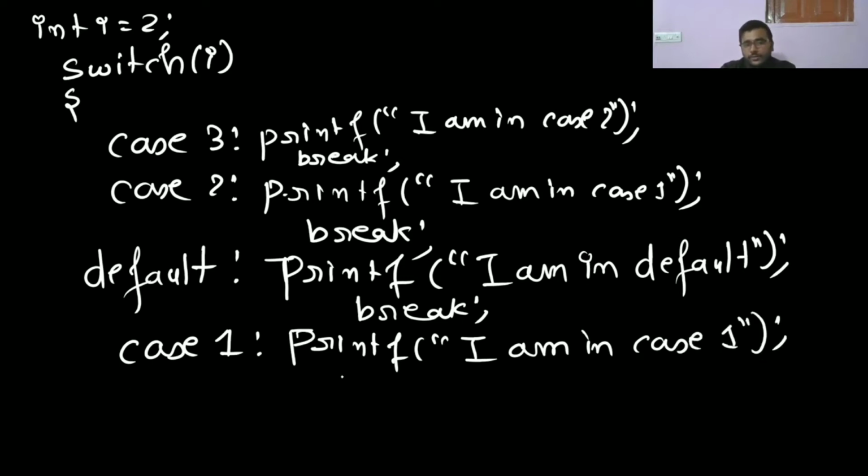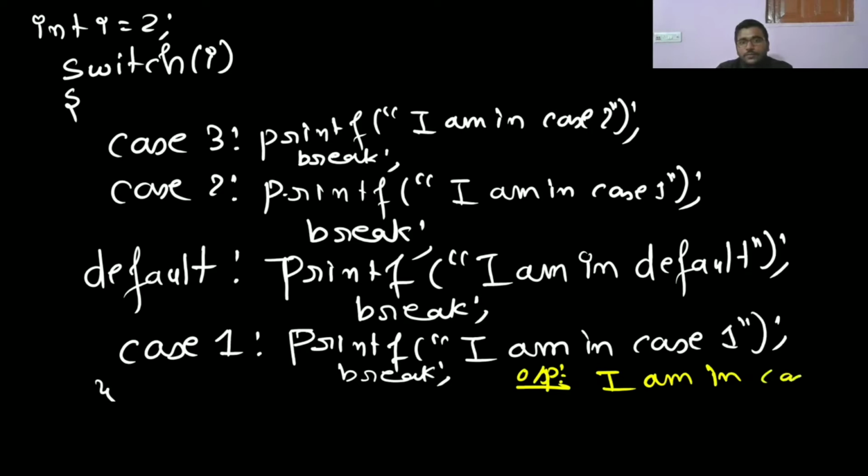This way also the output will be "I am in case 1", because here I am writing 2, here I am writing 1, here again I am writing 1. Okay, so let me make it correct: 2, 3.